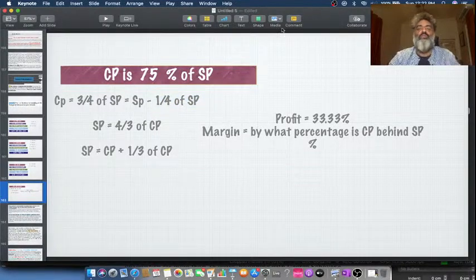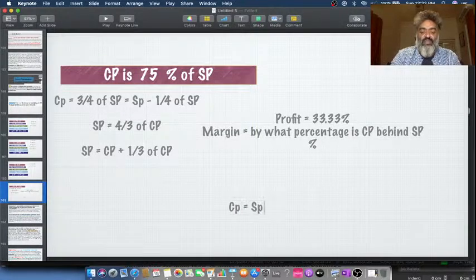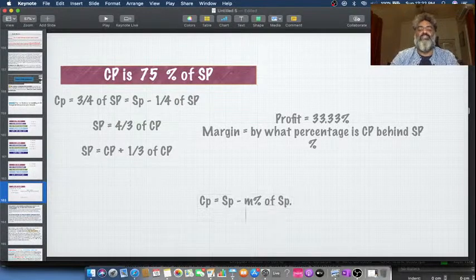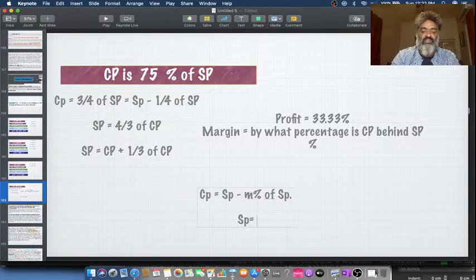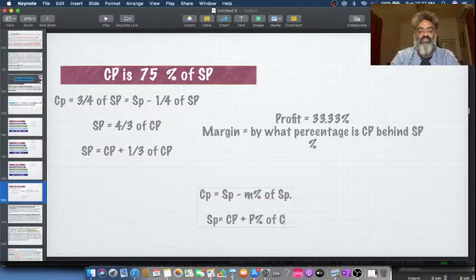How to express an equation? CP is equal to SP minus margin percentage of SP, just the way SP is equal to CP plus profit percentage of CP. It's the opposite of that.